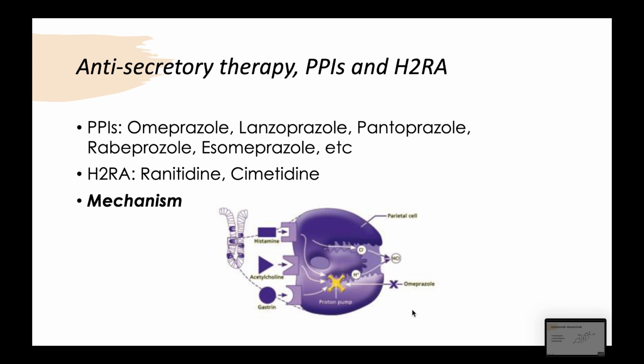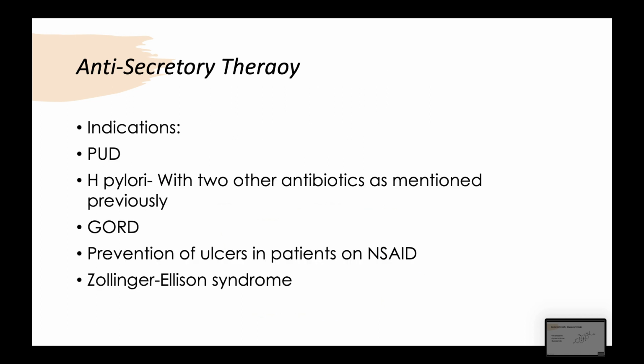So PPIs include omeprazole, lansoprazole, pantoprazole, rabeprazole, esomeprazole, etc., as well as the H2 receptor antagonists, which include ranitidine, cimetidine, etc. The main purpose for both of these is to decrease the amount of acid production.